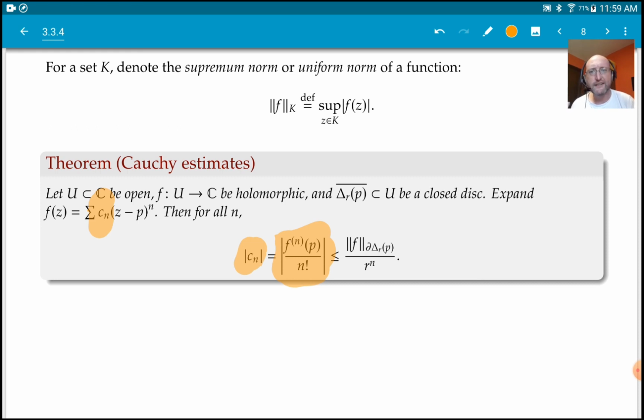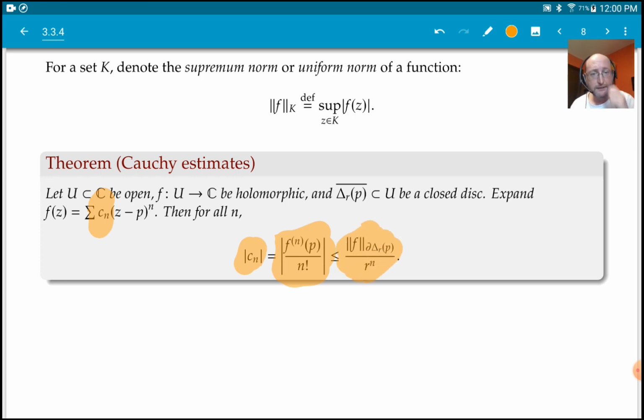So you can think of Cauchy's estimate as either estimates on the coefficients of the power series or estimates on the various derivatives of all orders at a point, right? And so what does it say? Well, it says that this number, whichever one you think of it as, is bounded by this expression over here.